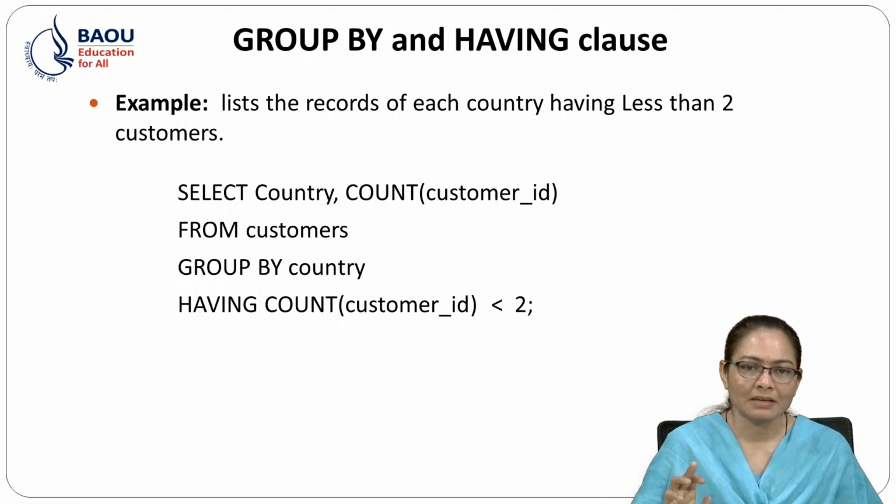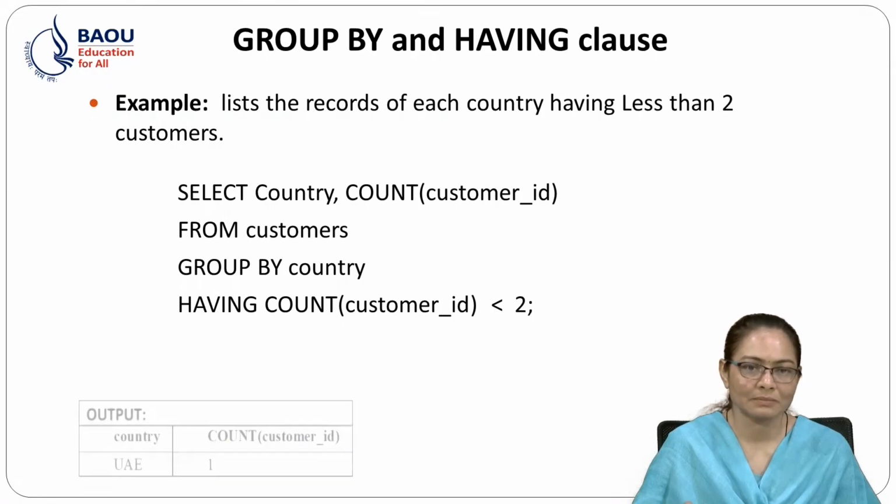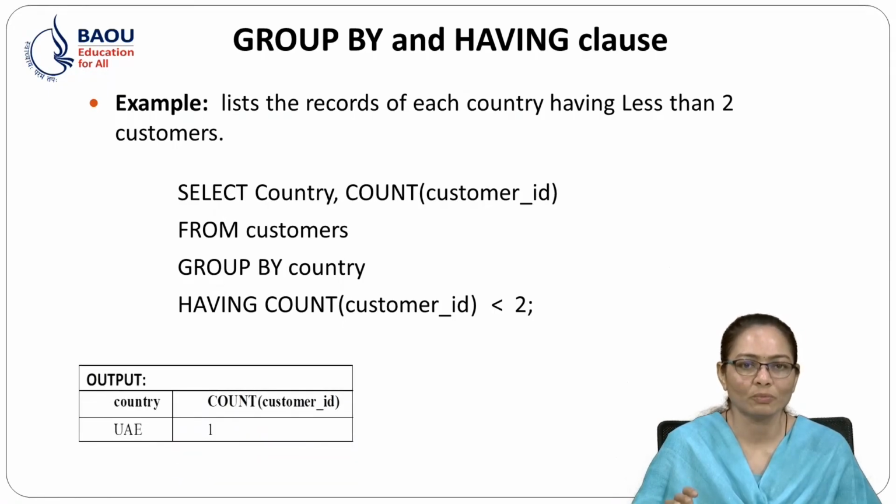See, the country is used with the group by and the count aggregate function is used with the having, and you can give the condition as per your requirements. See the output. Here in the output, the data is filtered from the group by clause.